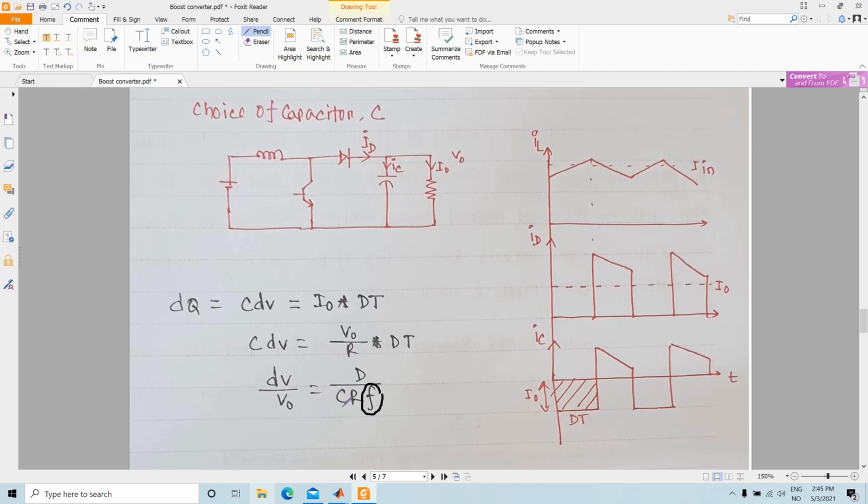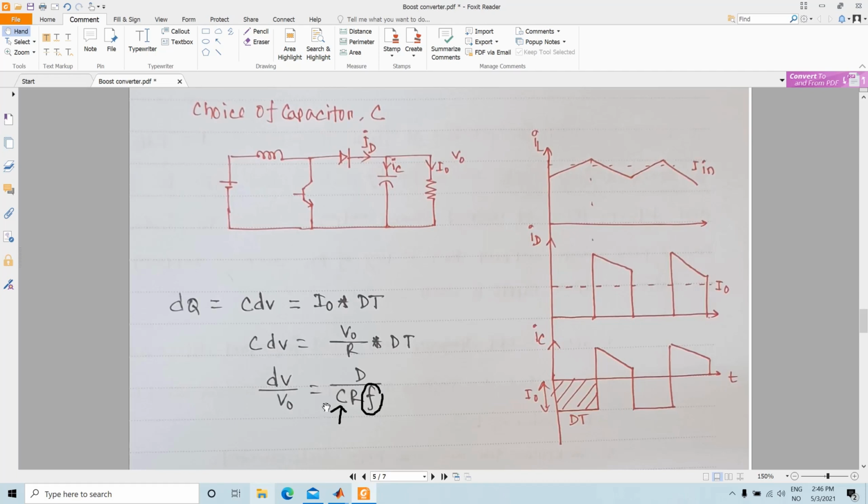So you have only one parameter to play with, basically the capacitor C, to have a certain ripple factor at your output. Okay. And the minimum C value, whatever you calculate, your actual C value should be higher than that minimum value, because the higher the C, the lower the ripple, and in the real world, the lower the ripple is, the better it is.